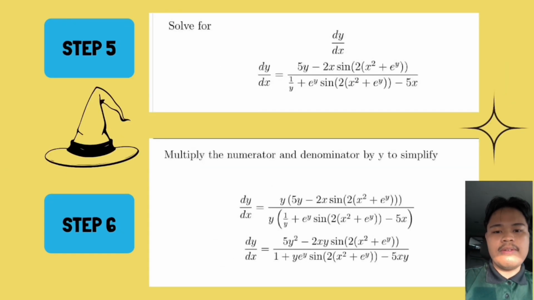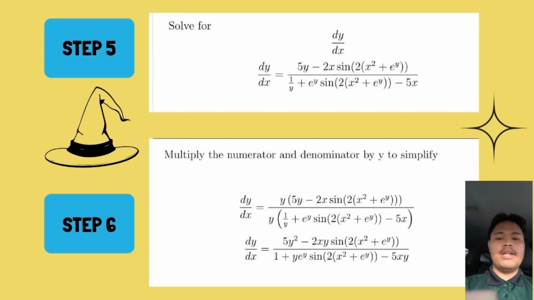For step 5, we isolate dy/dx by dividing both sides by the bracketed expression. At this point, I essentially have the derivative, just not in its cleanest form yet. Finally, in step 6, we simplify the result.